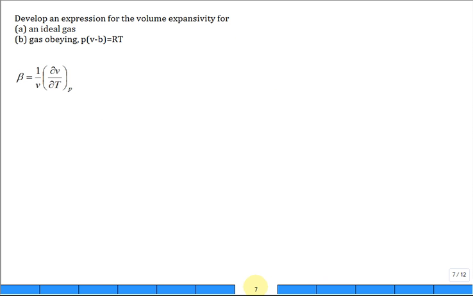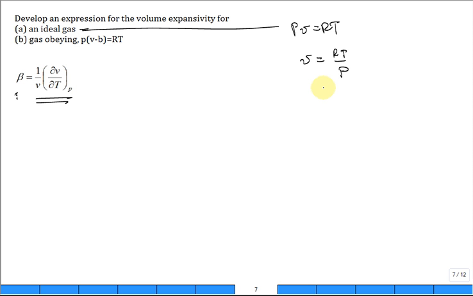Develop an expression for the volume expansivity beta, given by the definition here, for a true ideal gas. Okay, so the ideal gas is PV is equal to RT, or V is equal to RT over P. And it looks like I need to differentiate V with respect to T holding pressure constant.